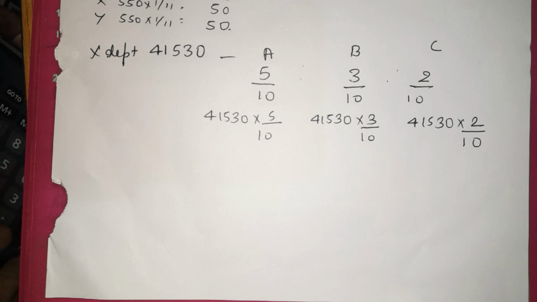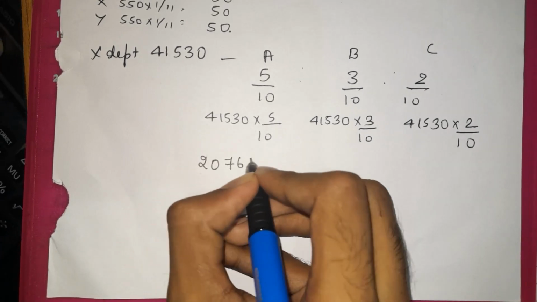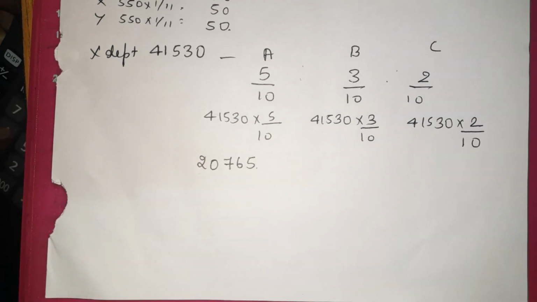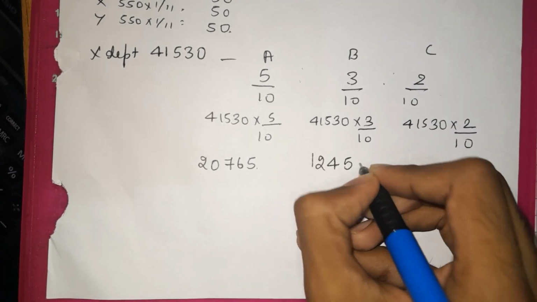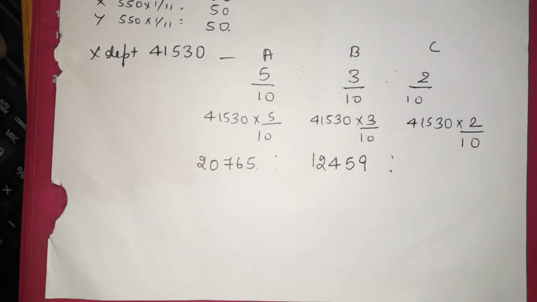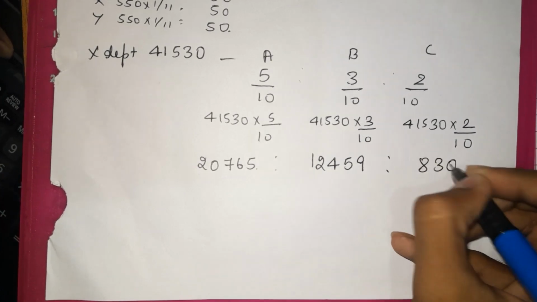41,530 into 5 divided by 10, it will be 20,765. Next, 41,530 into 3 divided by 10, it will be 12,459. Next, 41,530 into 2 divided by 10, it will be 8,306.